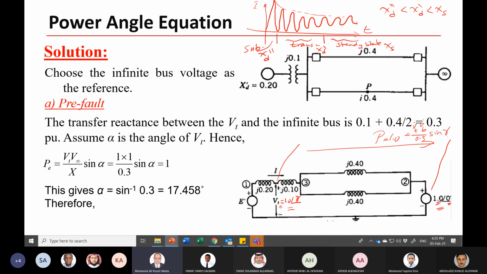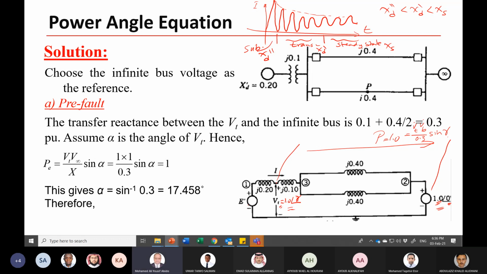So if you look at XD prime and XS, XS is greater than this, right? In terms of the transient or during fault or dynamics, which one is more conservative, or let me ask it in a different way.